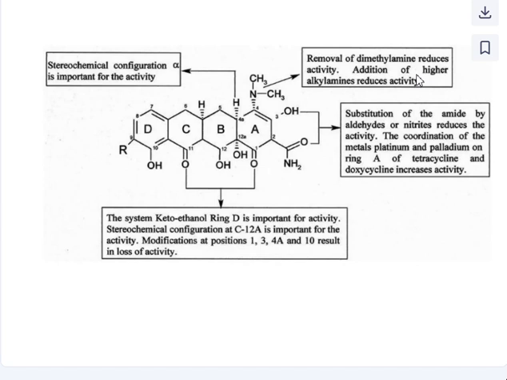Substitution of amides by aldehyde or nitrile reduces the activity, and the coordination of the metals platinum and palladium with ring A on tetracycline and doxycycline increases the activity. I'm sorry, the system keto-enol ring D is important for the activity.